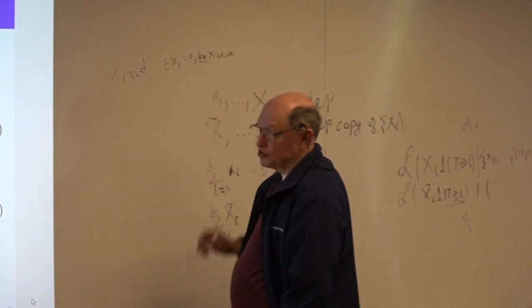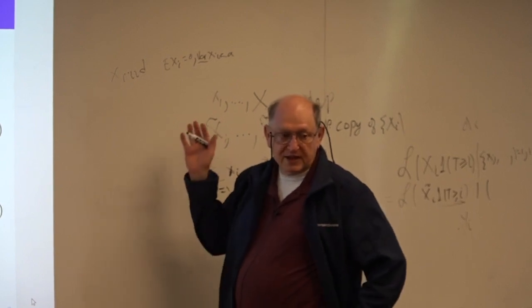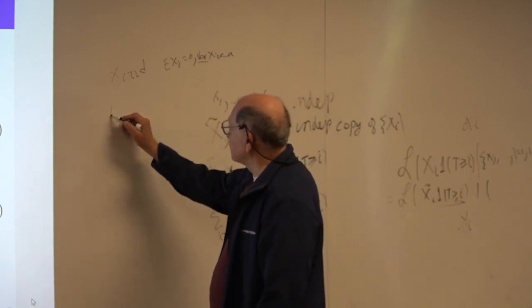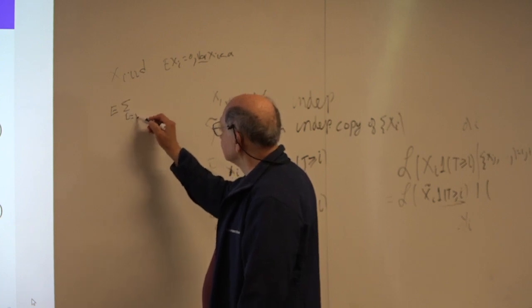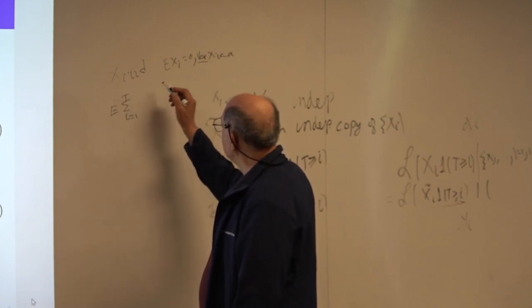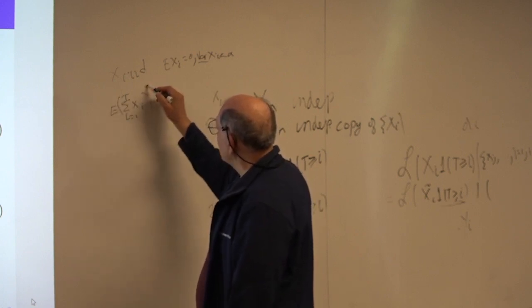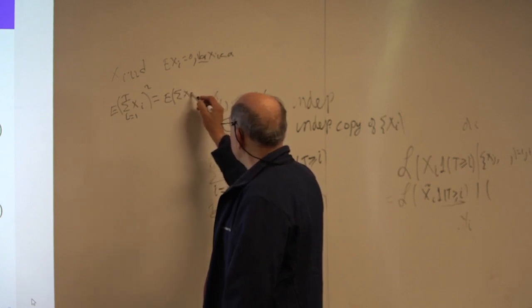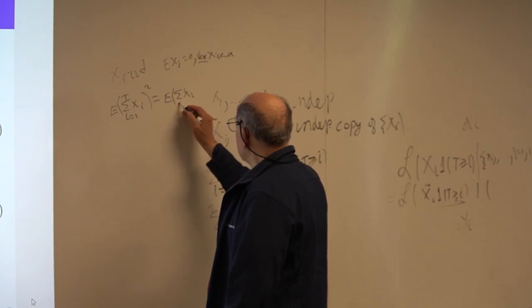The variances usually they assume are the same, but in this case you don't need them to be the same. Then the expected value of the square of the sum, since the mean is 0, is equal to the expected value of the sum of x sub i squared, i going from 1 up to t.